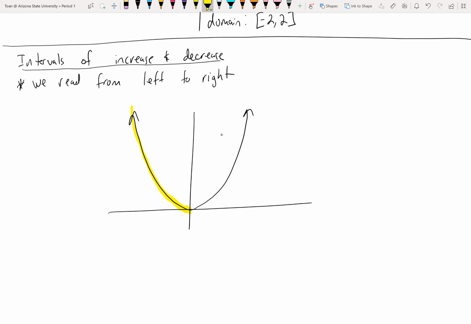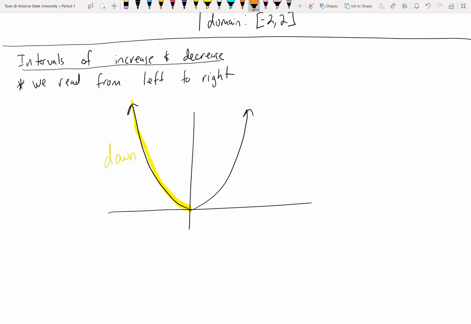It's going upwards. But notice how when I trace it, I'm going to erase the highlight here, and I erase the whole graph. When I trace it, notice the only way I can make it go up is if I trace leftward. And that's not how we read functions. That's not how we read graphs. So you have to read things from left to right. So I hope everyone can see, reading from left to right, that this portion here is going down.